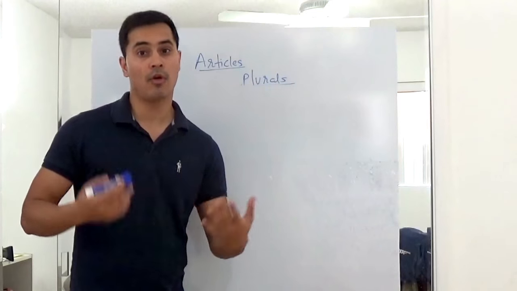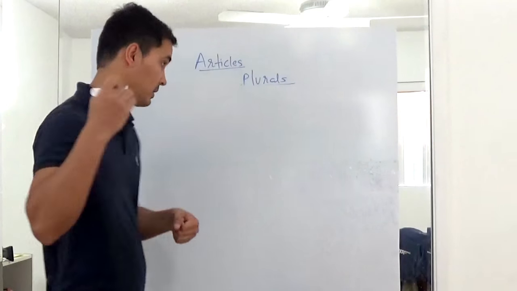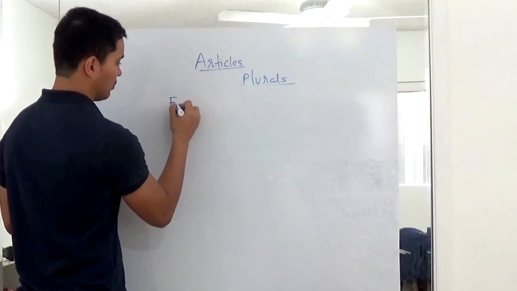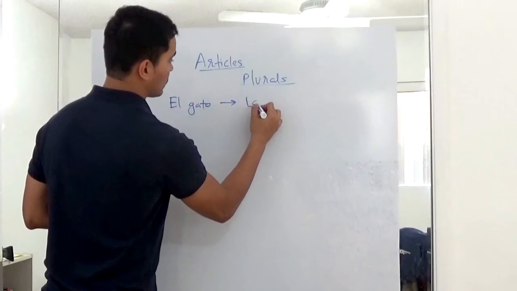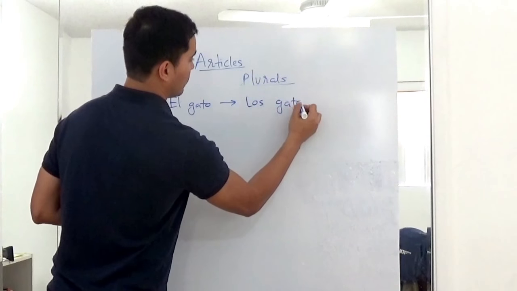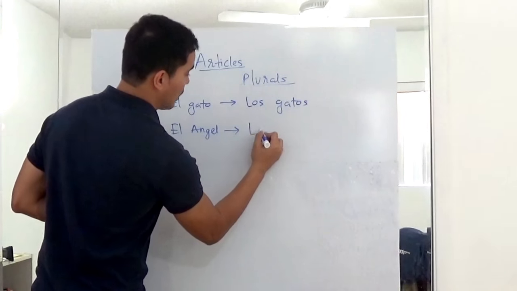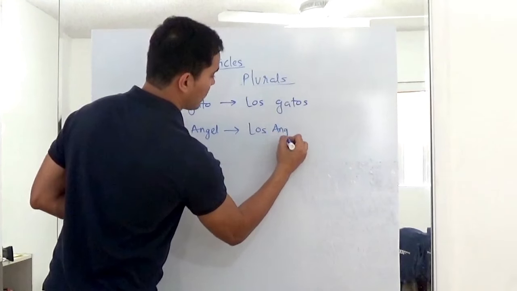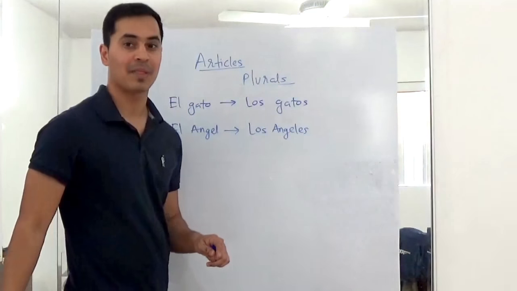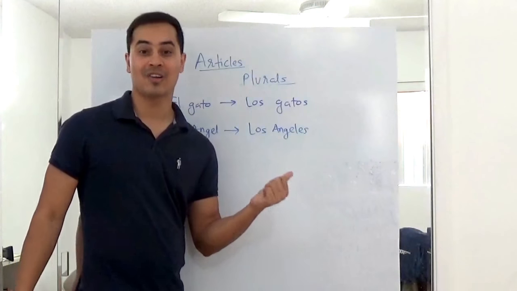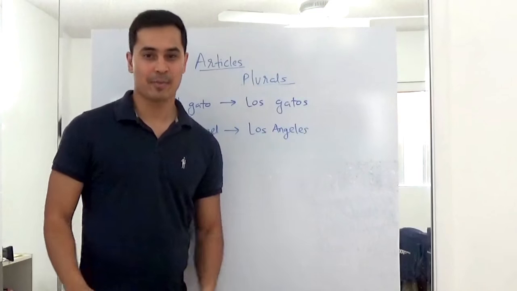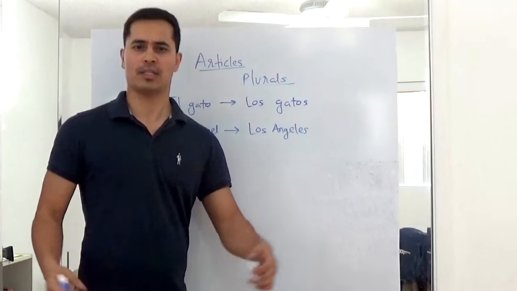How do you know the plural form of words in Spanish? For example, el gato becomes los gatos. El ángel becomes los ángeles. I didn't know this for a long time. So like everybody else, I used to say Los Angeles.